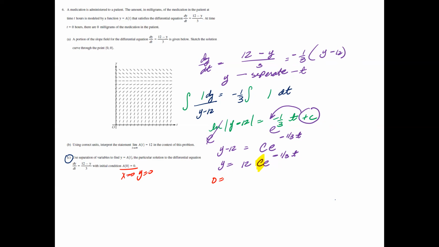So 0 equals 12 plus c e, and I shouldn't say x, it's actually t. Sorry about that. So t equals 0. So negative 1/3 times 0 is just 0. And remember, with algebra, e to the 0 power is just 1. So you have 0 equals 12 plus c.